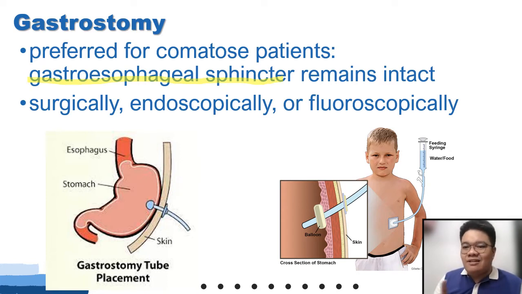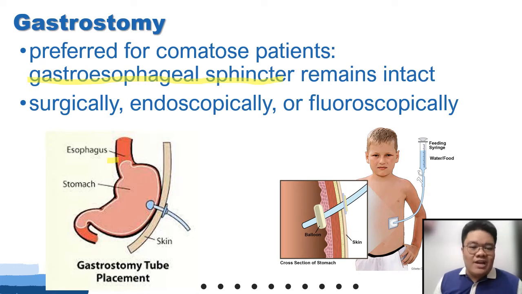In cases, dear students, that the gastroesophageal sphincter is not working, what we are doing is the jejunostomy. Why? What do I mean by that? If the esophageal sphincter is not working, and we still proceed with gastrostomy, the tendency is that the food product that comes into the gastric chamber would still go back to your esophagus.